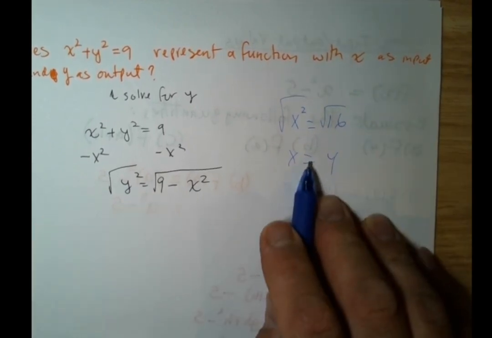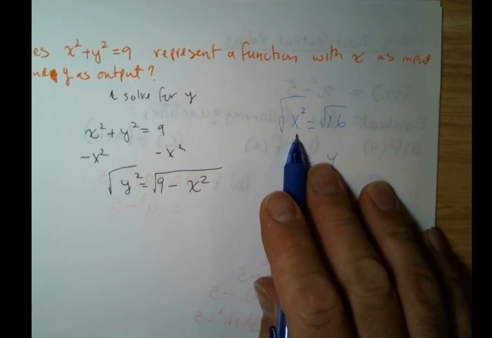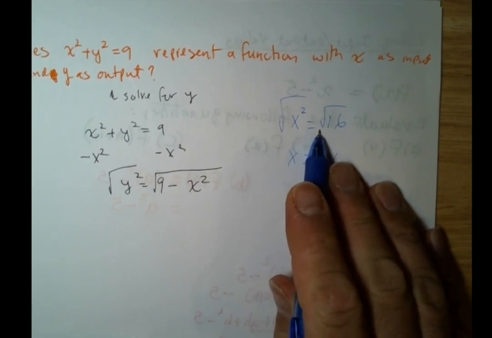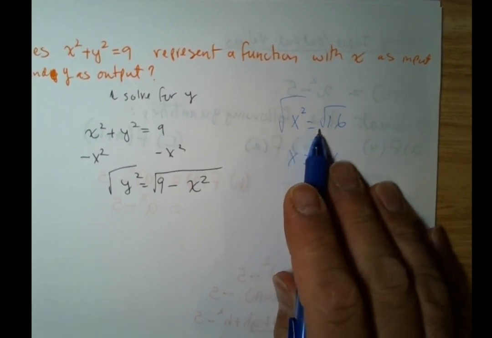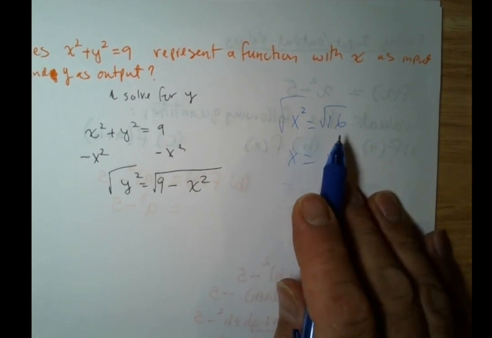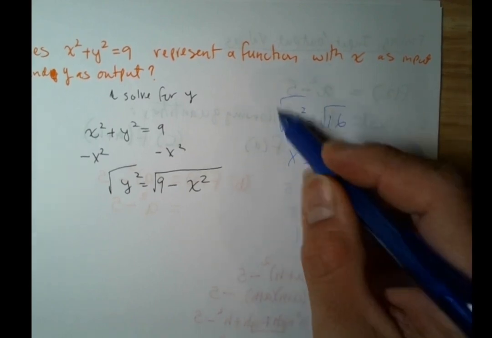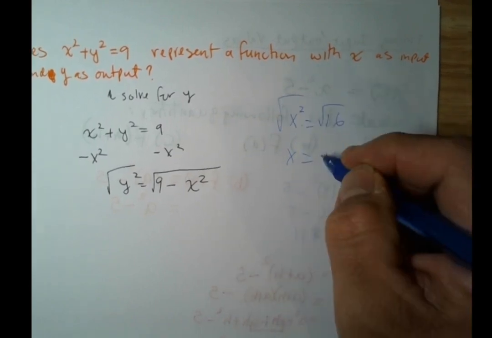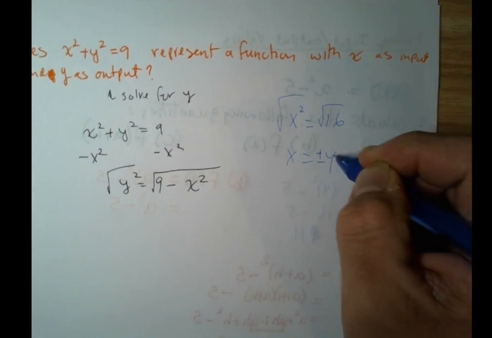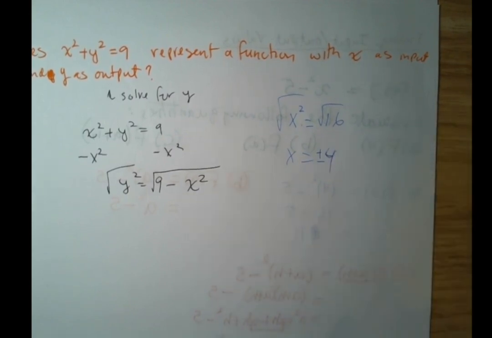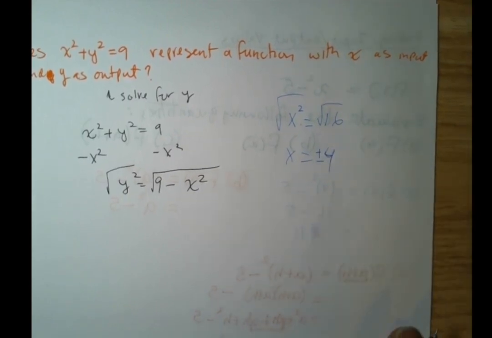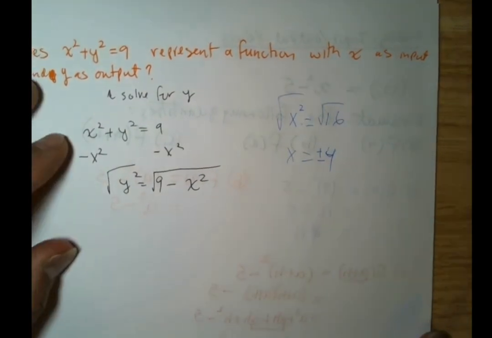Negative 4 also satisfies this equation. Negative 4 squared is negative 4 times negative 4, which is a positive 16. So whenever we take the square root of a square, we have to make sure that we always add that plus minus, or else we ignore a solution.